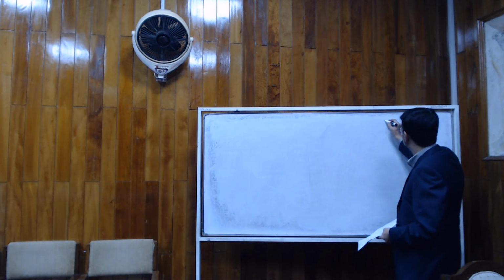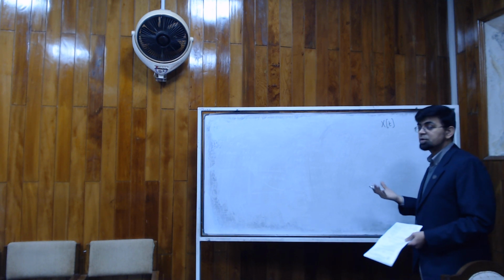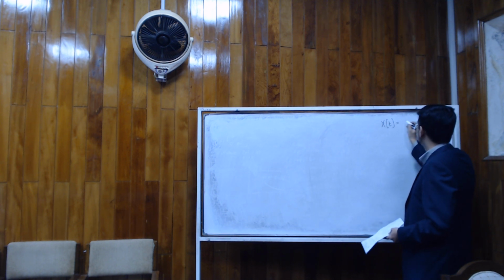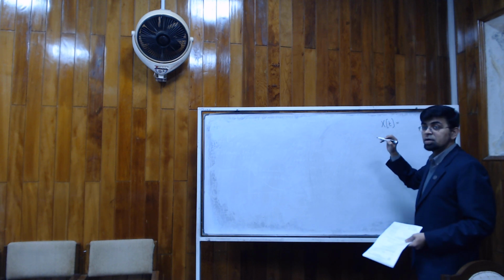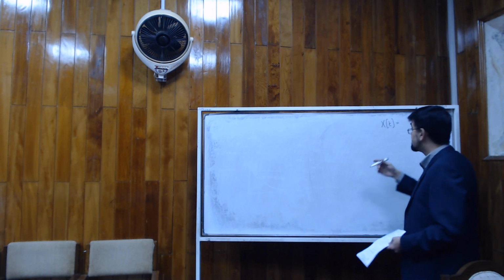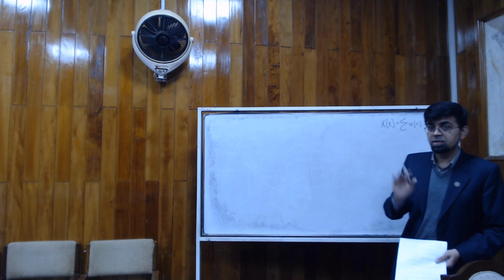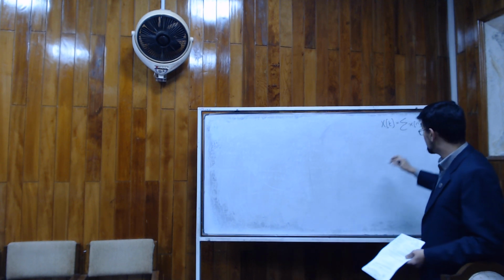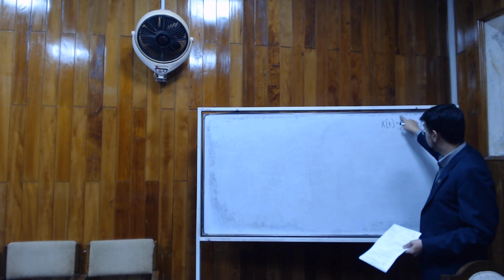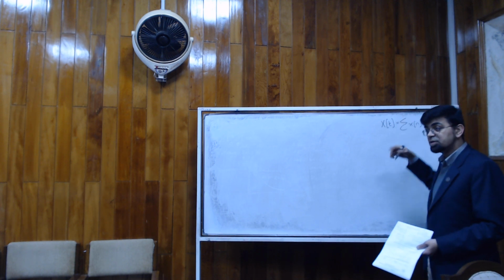Firstly, of course, the definition of Z transform, right? So क्या था Z transform की definition? There is a sequence x[n]. I want to take its Z transform. That is x[n] z^(-n), right? We have done this in great detail. For unilateral, it's 0 to infinity, and for bilateral, it's minus infinity to infinity.